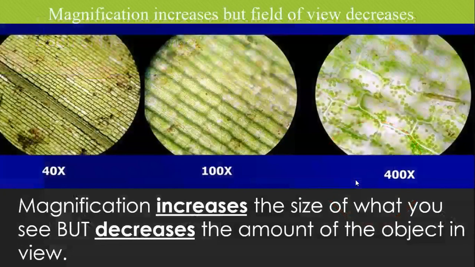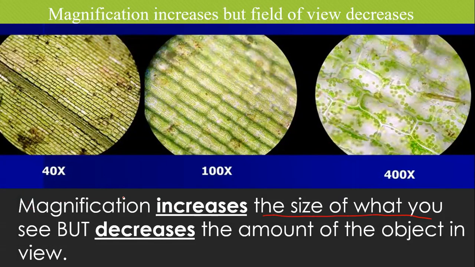Now, as I mentioned, as magnification increases, the size of what you are seeing decreases. In other words, as magnification goes up, our field of view goes down. Notice how many cells I can see along this field of view here.